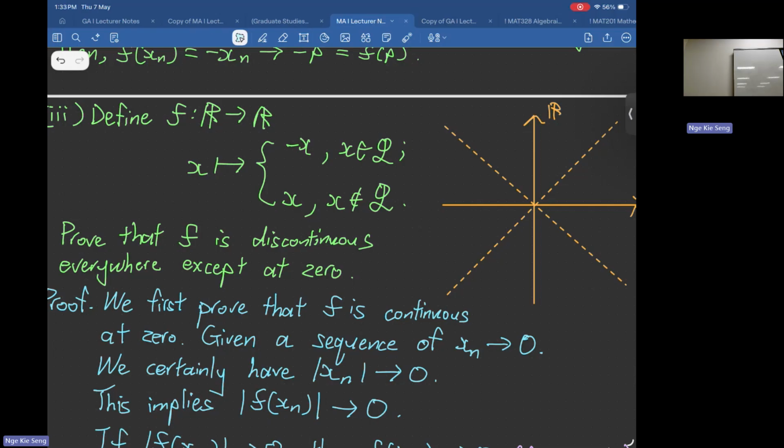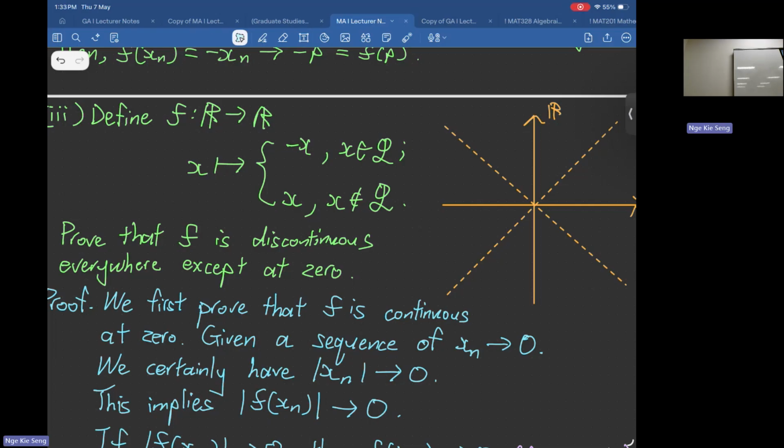Avoid 0. You can separate the cases: x is rational and x is irrational. That depends. But in general, for discontinuity, what do you need to do?